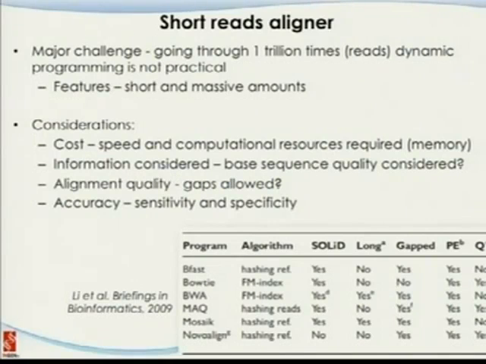So there's more information you really need to consider, including the information being considered, meaning that when you do the alignment, whether the base quality has been included or not. Some aligners did, others don't. And alignment quality, this is the most important thing that I want to stress, which is that some alignment algorithms, like Bowtie, don't really allow you to align gaps. So we know that once we sequence 50 base pair reads, we map back to the genome.